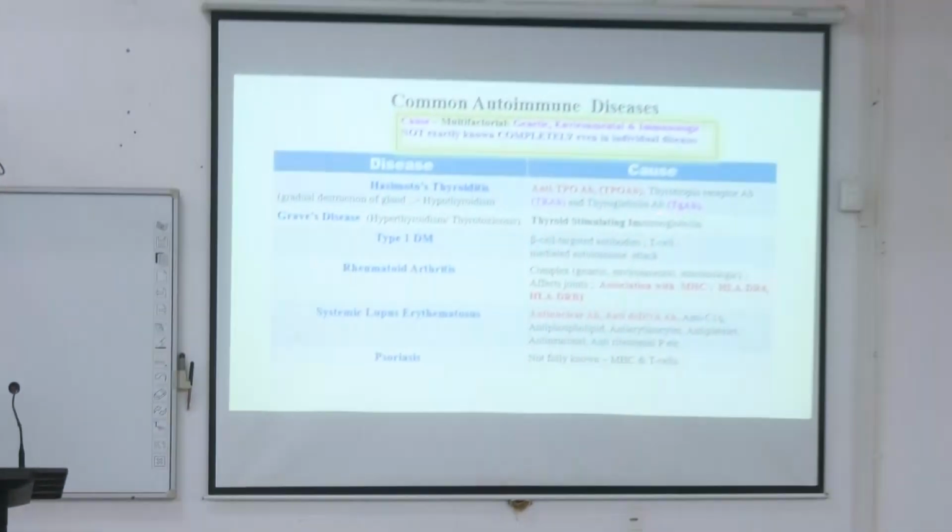Every day in the OPD at least you will get 2 or 3 cases. So the moment you suspect Hashimoto's thyroiditis, you will advise for anti-TPO antibody, and this is commonly done. If it is present, that means the person is mounting antibody against thyroid tissue, or TRAb or TgAb.